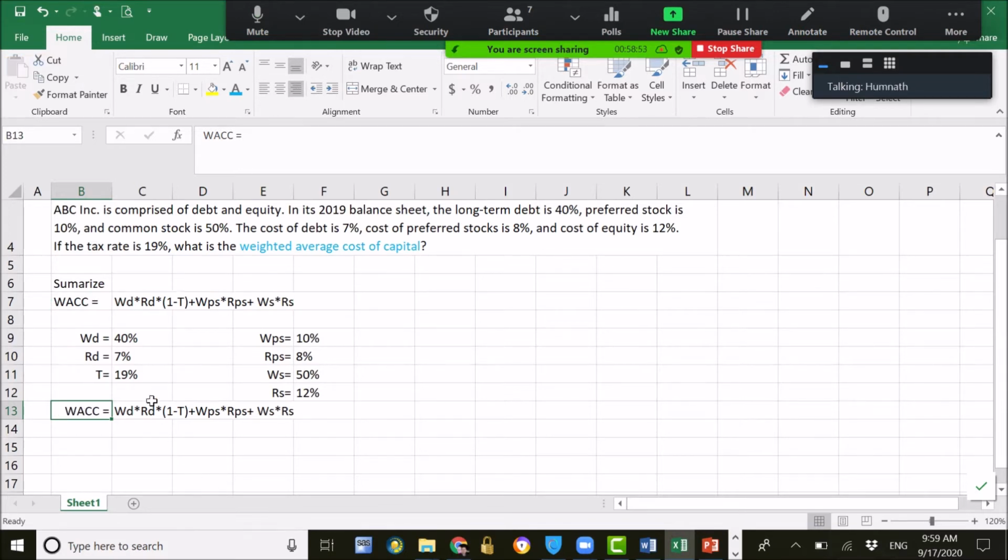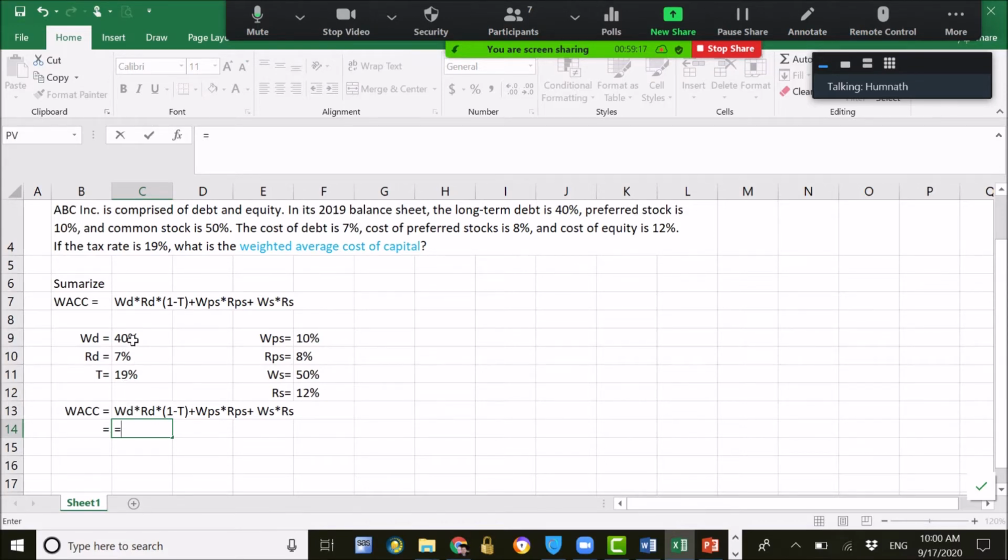Just to show you, I'm going to use these 3 different blocks to calculate each of them. So I'm going to do equal, and then I'm going to calculate the first part. I'm going to plug in WD. So where do I click? I want to get WD.